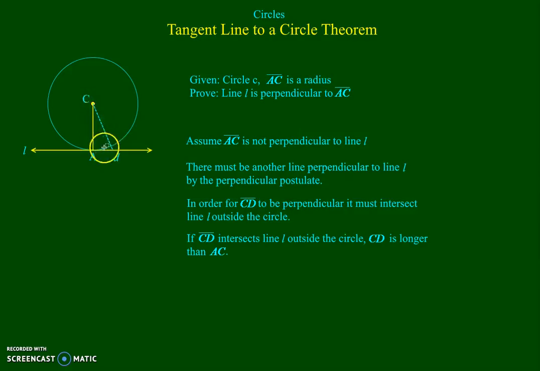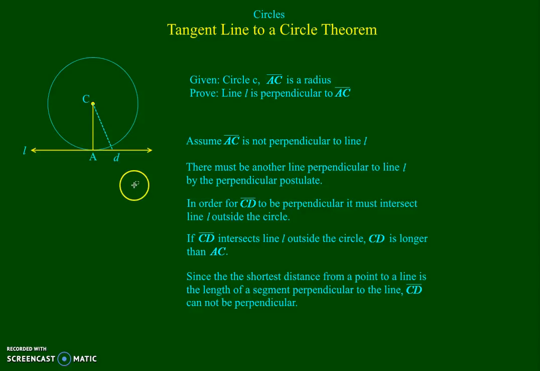So if CD intersects outside, then the length of CD is longer than AC. So this segment is longer than that segment, which sets up a contradiction. Since the shortest distance from a point to a line is the length of a segment perpendicular to the line, and this segment is longer than this one, it can't be perpendicular.